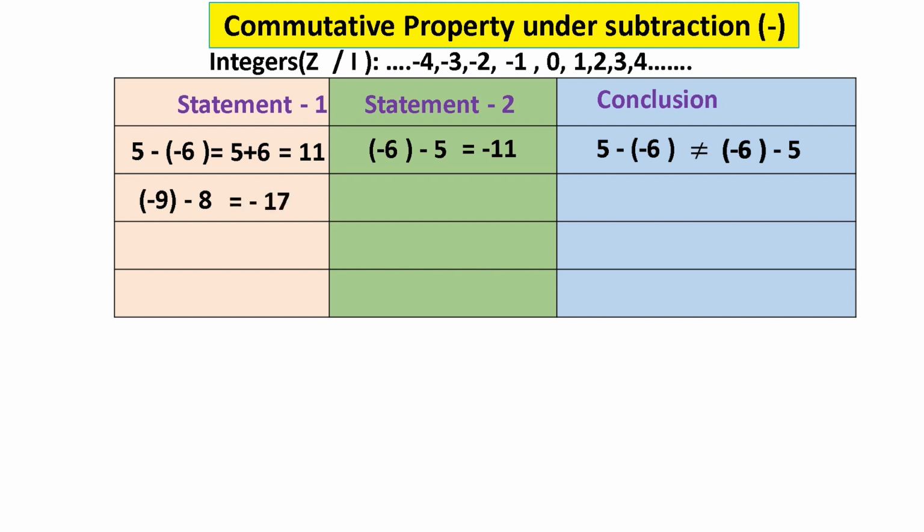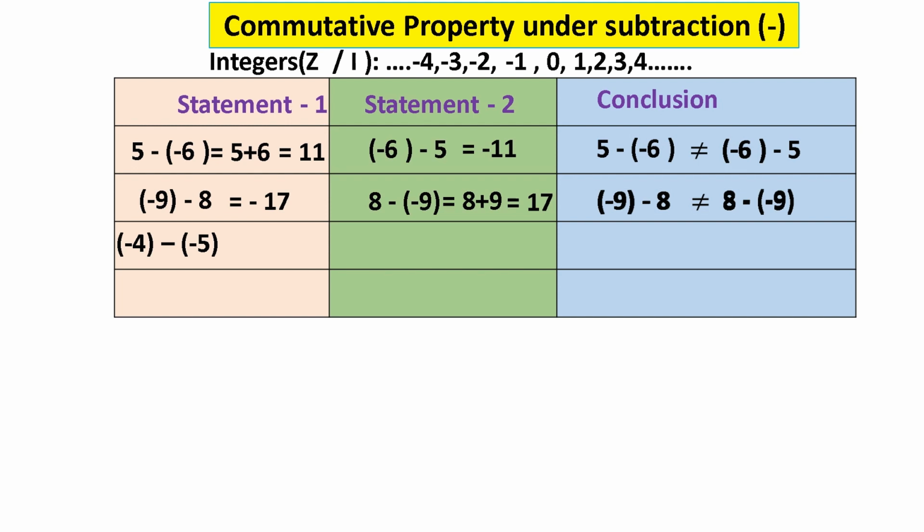We will get minus 17. 8 minus of minus 9, we will get plus 17. In statements 1 and 2, we could not get the same answer here. That's why the difference is not equal. So minus 9 minus 8 is not equal to 8 minus of minus 9.